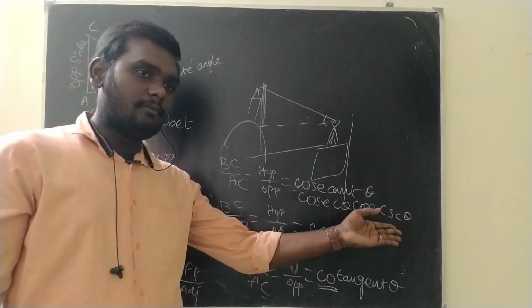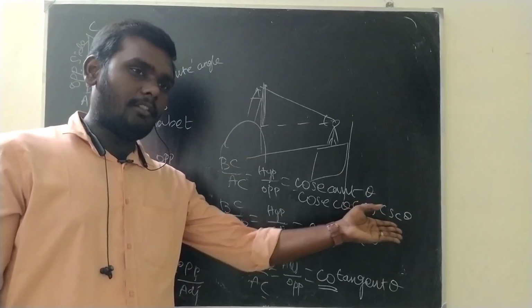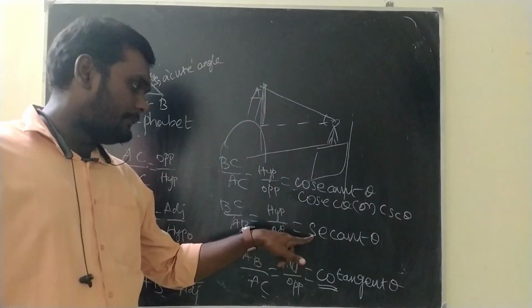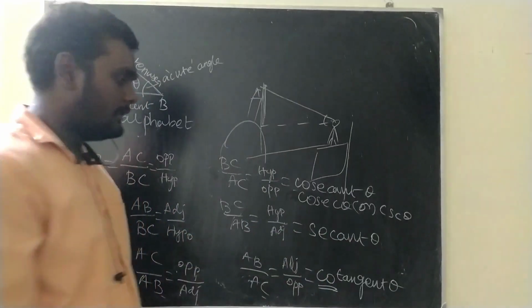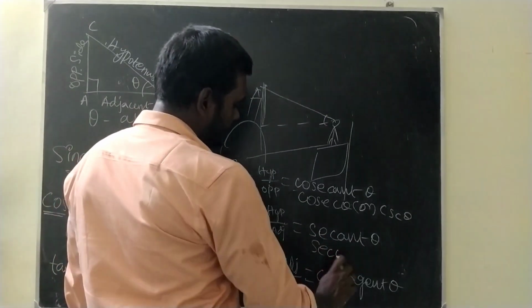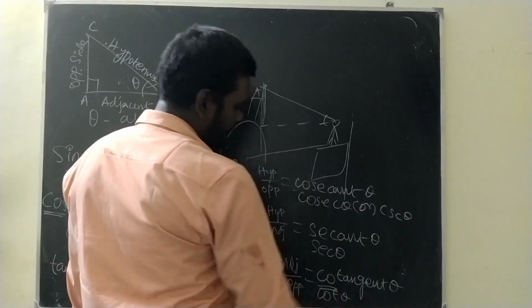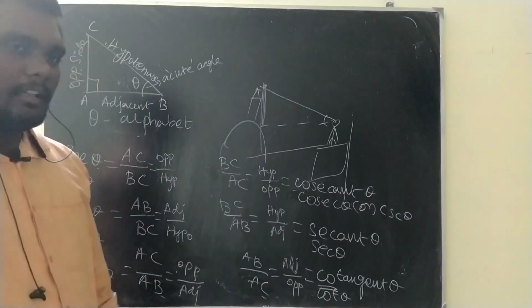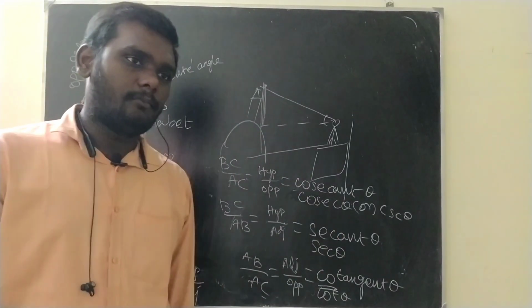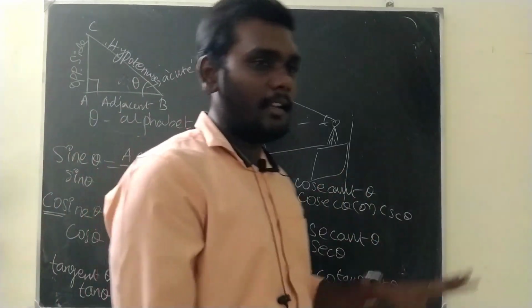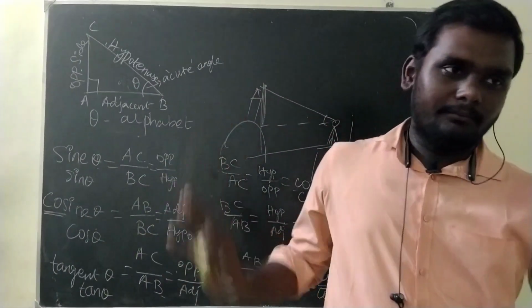CSC means cosecant, not computer center. Then secant is sec theta, and cotangent is cot theta. Any doubts in this? This is how sin theta, cos theta, everything came.